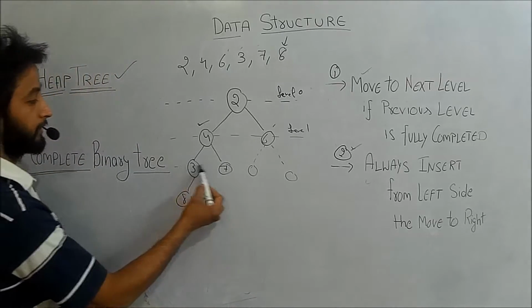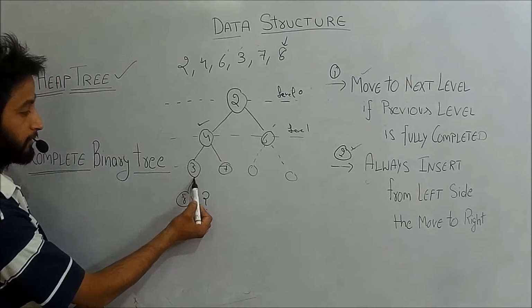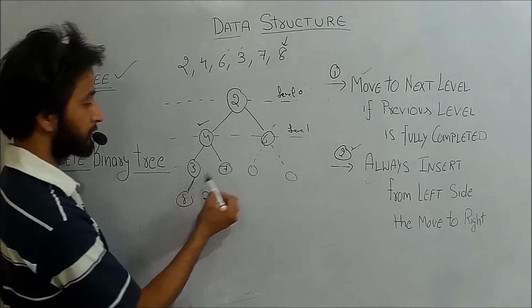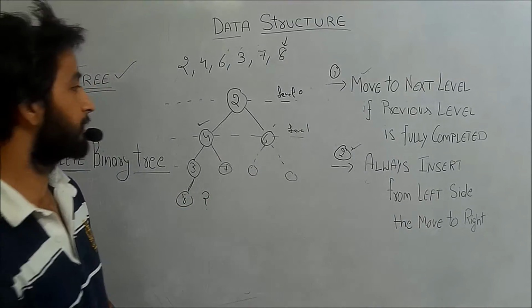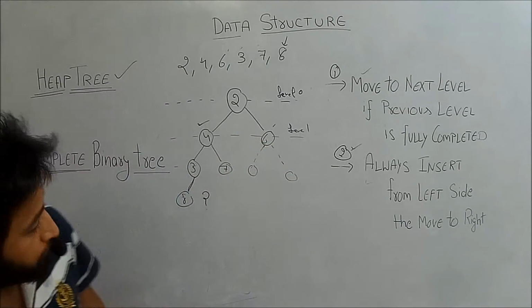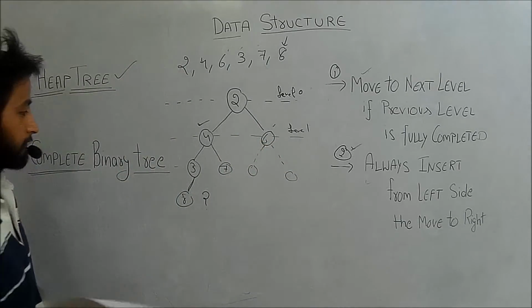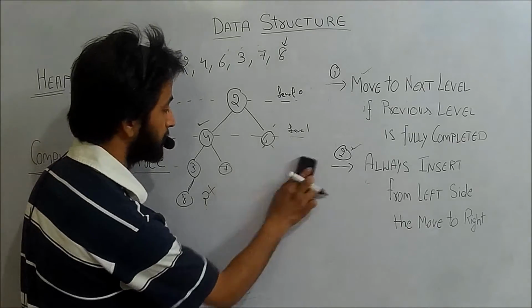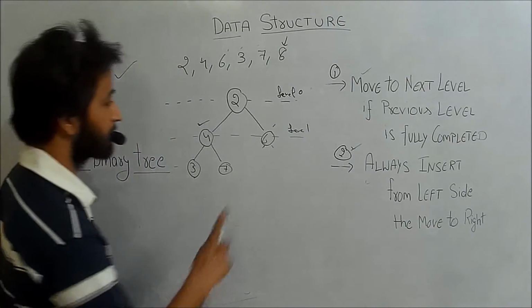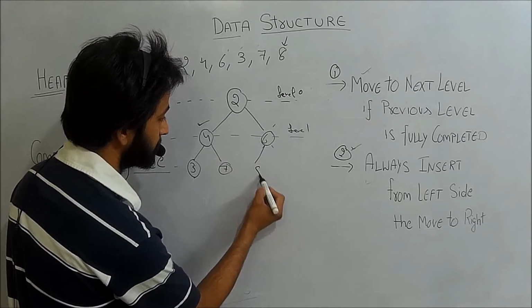So before inserting 8 to the left of this root, we have to fulfill this level completely. So 8 will not be inserted at this position. We have to insert the element 8 at the left of this.